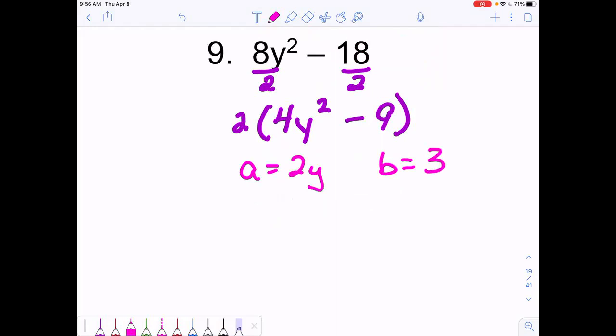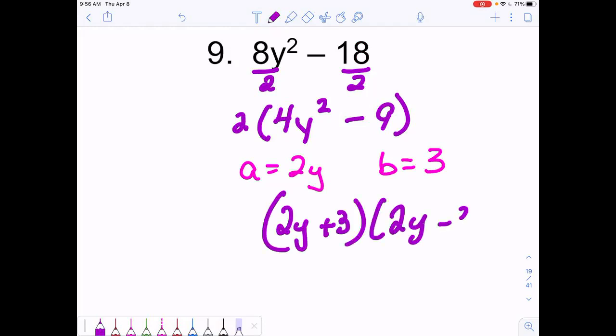And then Michael, this one is different because it's just 2 terms. Do you remember what this looks like when you have 2 terms when you're factoring it? Would you do 2y plus 3 and 2y minus 3? Awesome. Nice job, Michael. And then bring down that GCF.